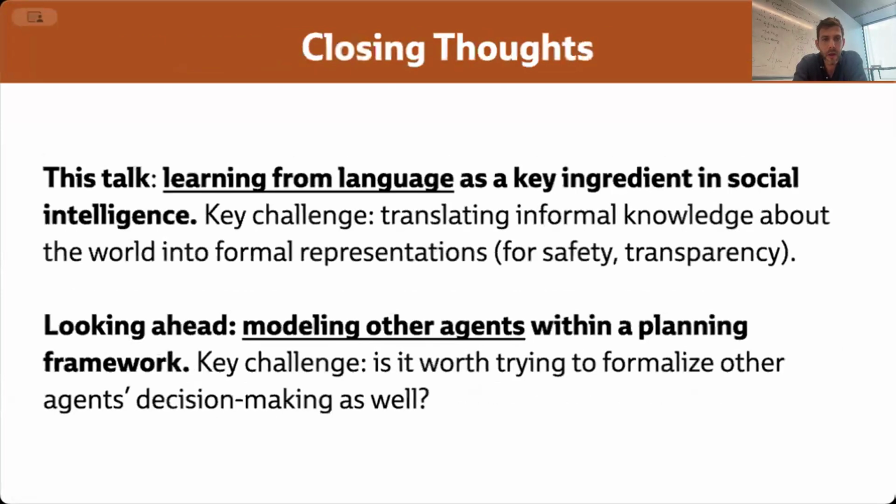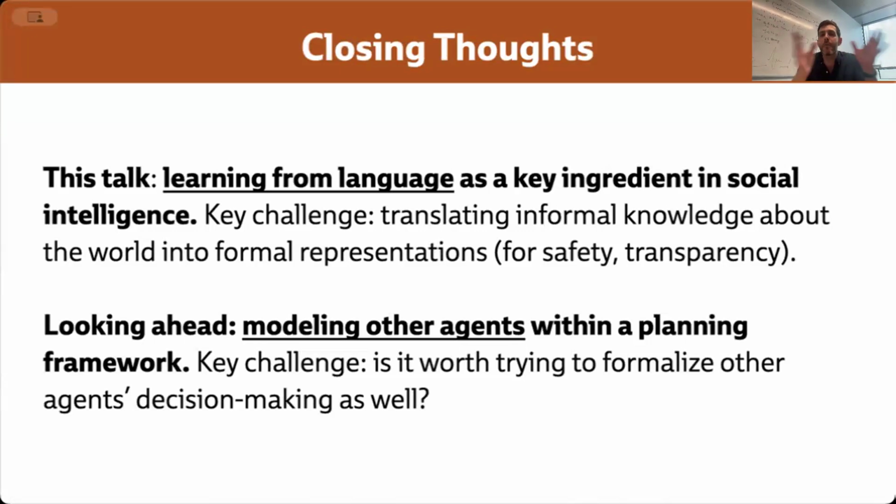Okay, and why am I talking about any of this at a workshop on social intelligence and human-robot interaction and things like that? I think one of the most important insights here is that the way to get these little domain-specific formal models that seem to be quite useful is to start with domain-general training on human background knowledge. And a lot of that background knowledge, maybe unsurprisingly, is expressed not in the form of explicit formal representations, but free-form natural language instead.